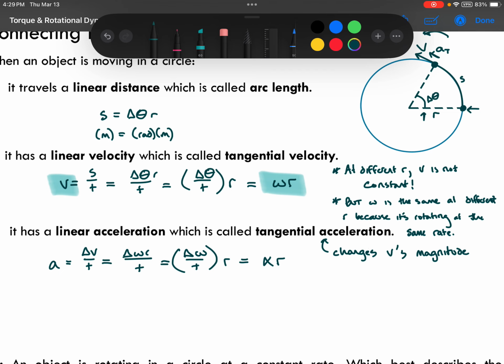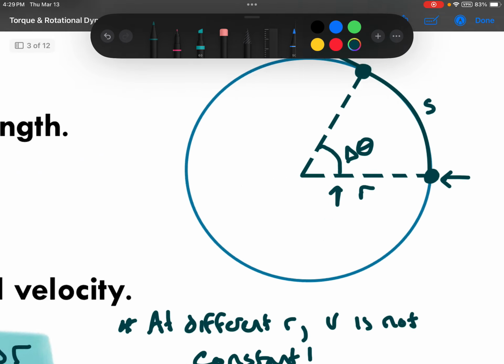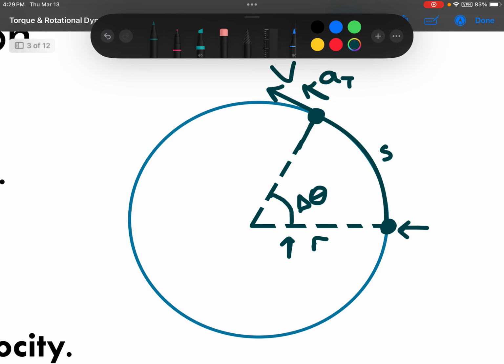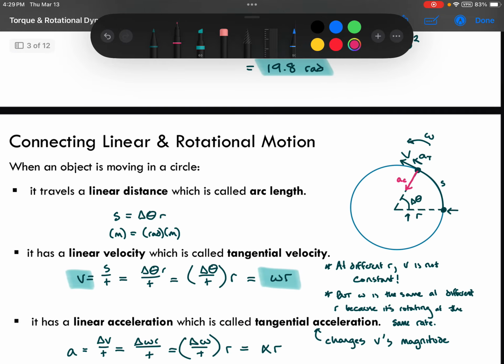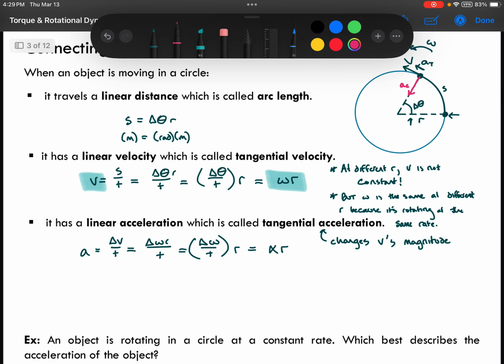Now, previously with circular motion, we had looked at one more relationship. We had a very special type of acceleration that kept our object on a circle, and that was our centripetal acceleration. And it's called centripetal acceleration because it always points toward the center of the circle. We still have that. We can still consider that for rotational motion.